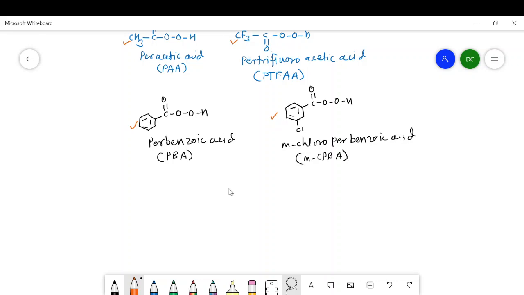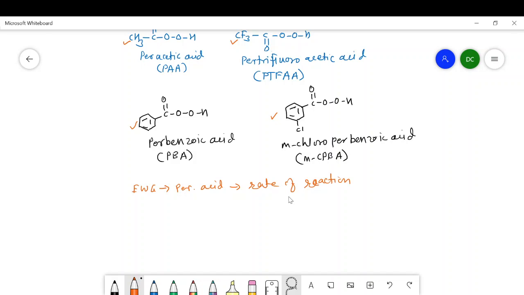Now it is clear that electron withdrawing groups attached to the per acid accelerate the rate of reaction. So out of the four per acids, trifluoroperacetic acid and meta-chloroperbenzoic acid are effective in causing Baeyer-Villiger oxidation. So that is all about the per acids and their effectiveness.